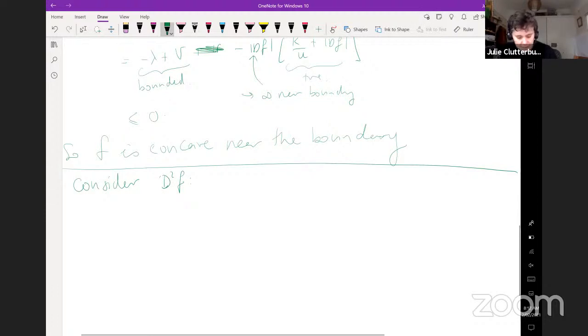So we're going to consider it as a function from omega cross S1 to R. So it takes a point in omega, so that's the point at which we evaluate it, and two tangent directions, and it maps them to a real number.